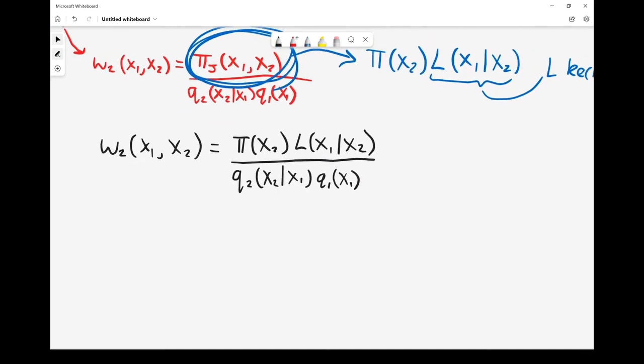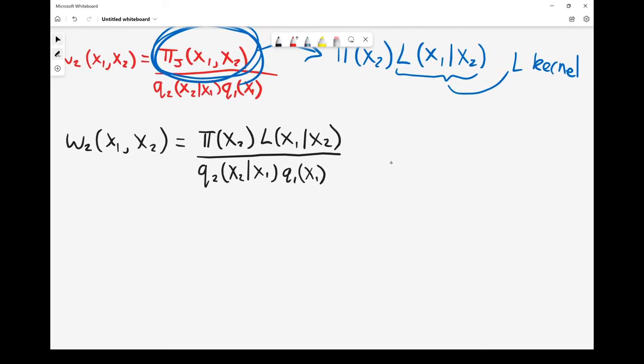Now, all we're going to do at this point is remember that our weights at iteration 1, where this was standard importance sampling, were just equal to the target at x1 divided by the proposal, our first proposal.